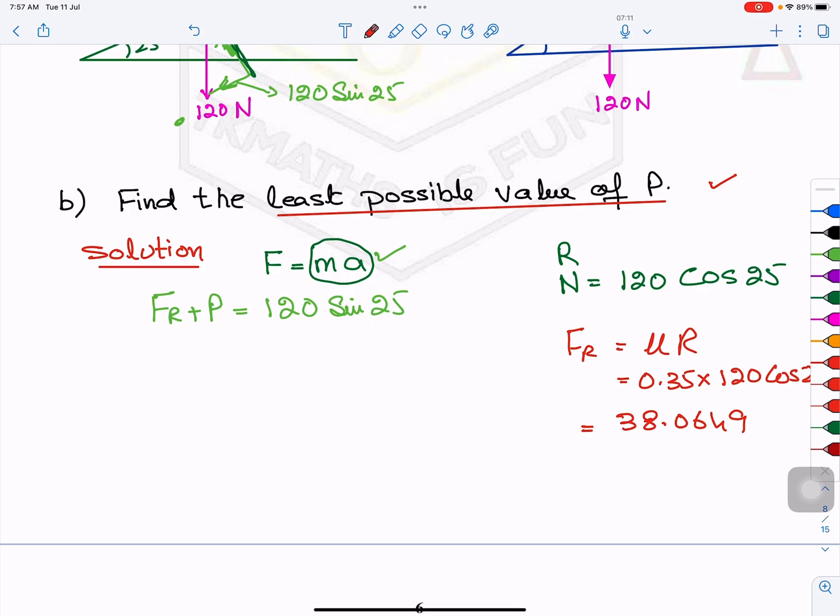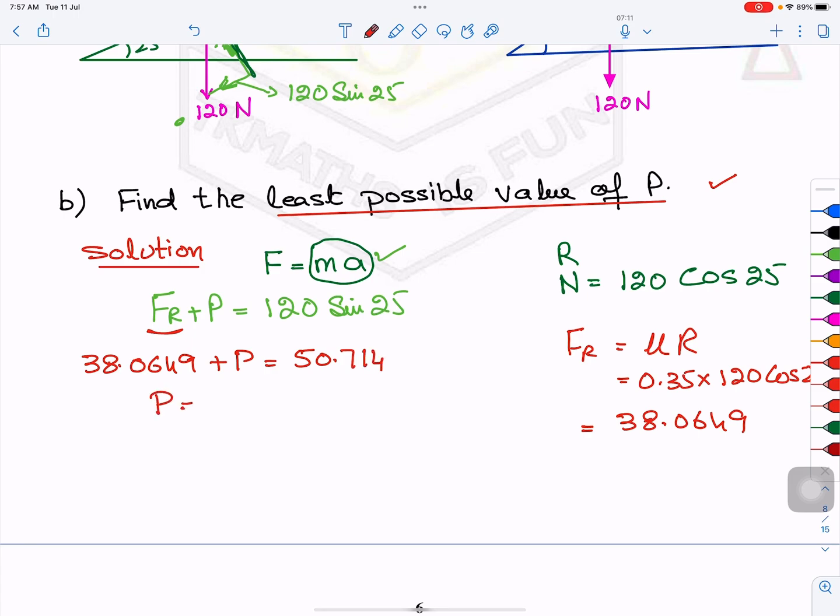So now I have the value of Fr, so 38.0649 plus P is equal to 120 sin 25. Let me check what this is: 120 times sin of 25, right? This is equal to 50.714.